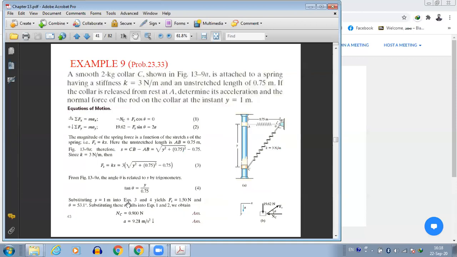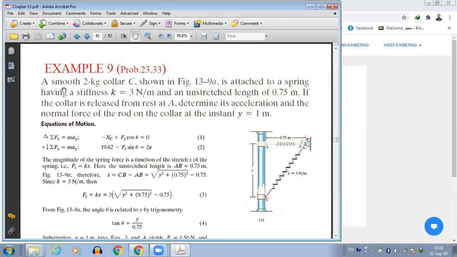So let's see this problem. We have a smooth 2 kg collar shown in the figure, attached to a spring having a stiffness K equals 3 Newton per meter and an unstretched length of 0.75 meter.